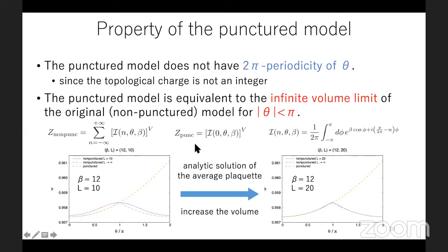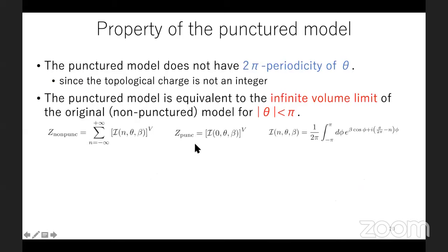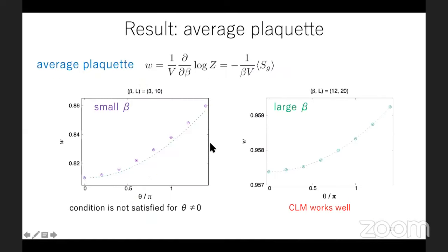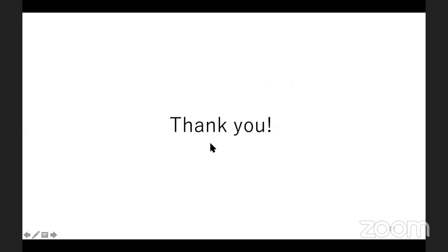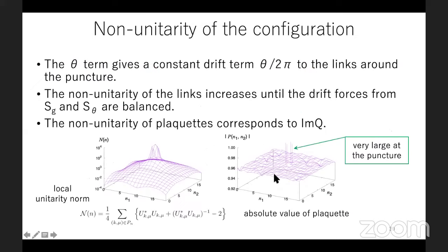But for numerics, there is some problem with the unitarity norm. The unitarity norm is a quantity which observes the non-unitarity of the configuration. Here we define a local unitarity norm on the 2D lattice.